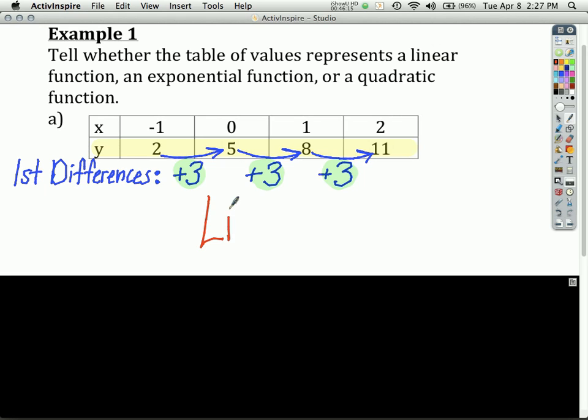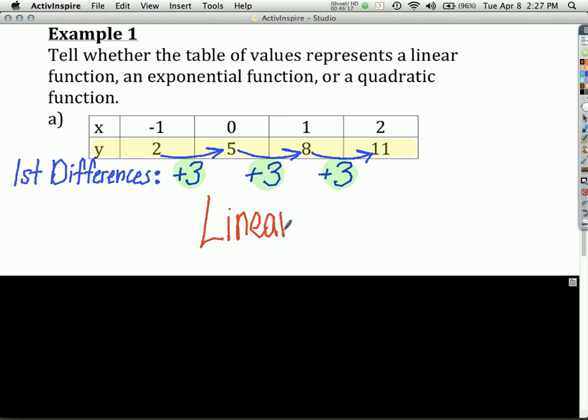We now know that this is a linear function. And since we were asked to determine whether it was linear or exponential or quadratic, we can stop and say that it's linear. Any questions so far?